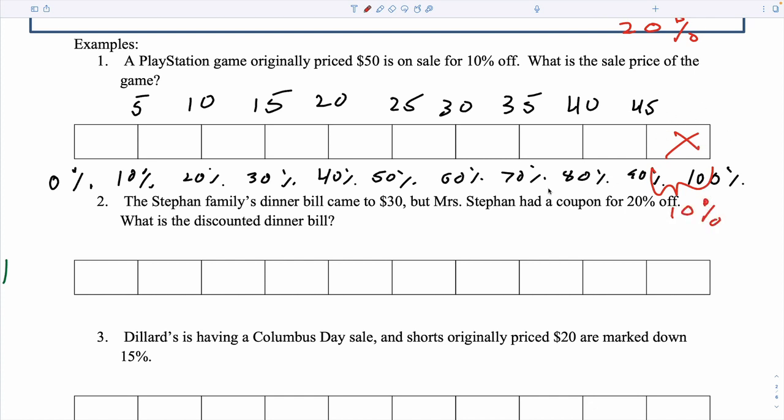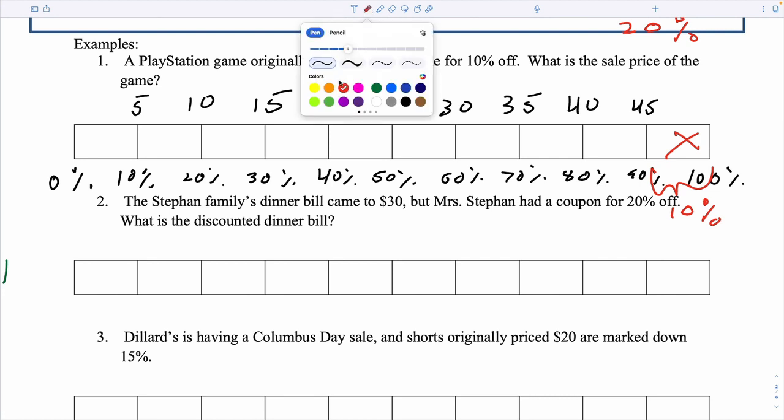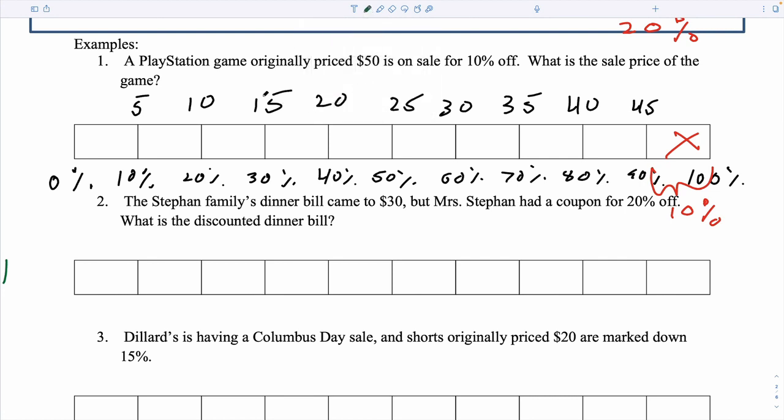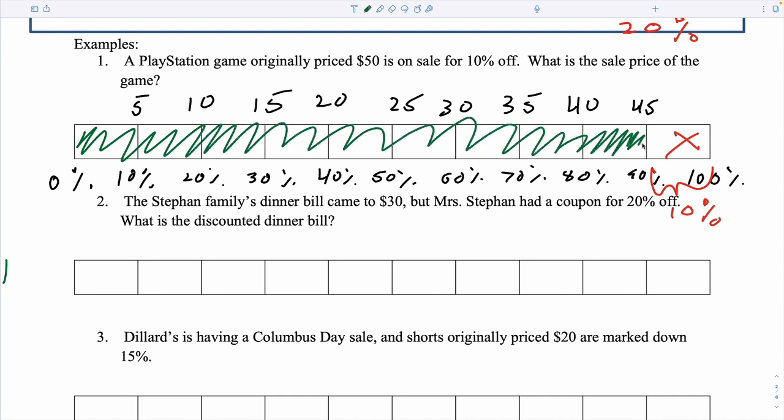Once you get the 10% written off, you can shade in the rest of this. What's the total amount that I actually pay, Cole? That's the total amount. What's the percentage I'm paying? 90. So now that you know 90% is what you're paying, $45 matches that part. Circle it and move on.